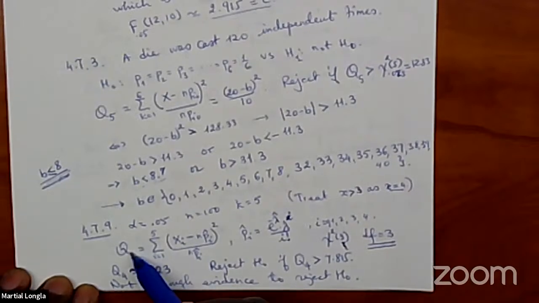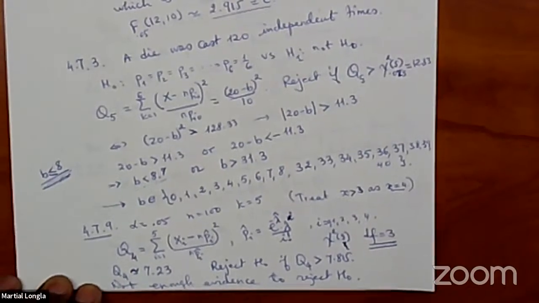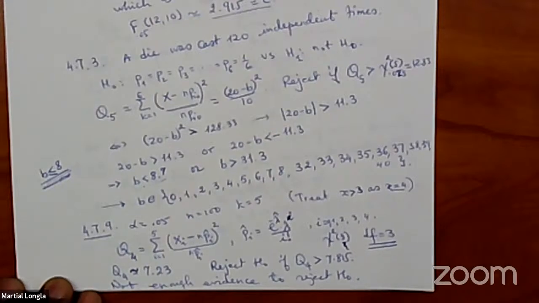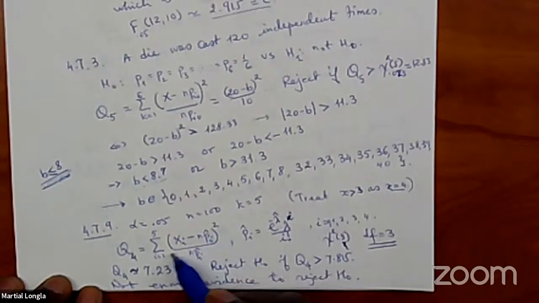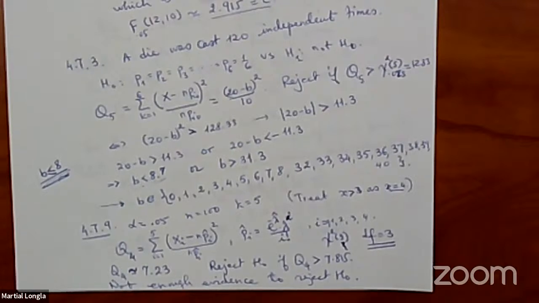And it's supposed to be Q from the beginning, because that's how we do. Of Xi, which is the number of observations that got into x equal i, minus n times the probability, divided by n times the probability, where the probability is the probability of that outcome, the outcome being the xi, right?